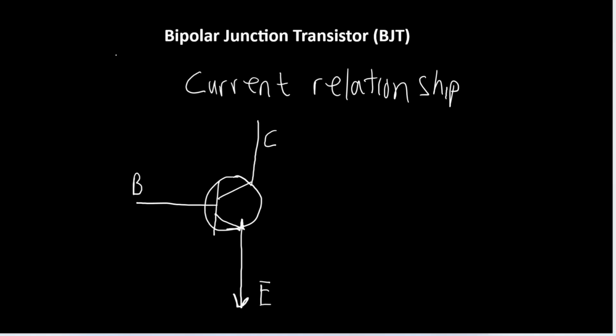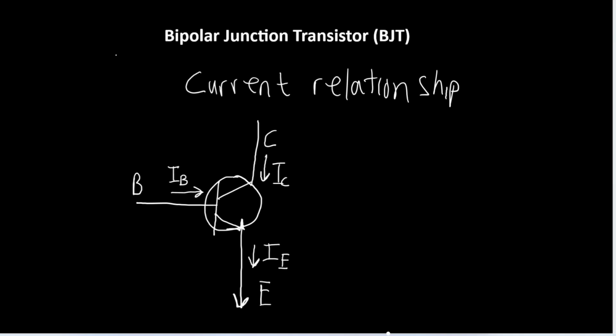For our collector, which is our C, we have our IC, which we call the collector current. For our B, we have our IB, which we call the base current. And finally for our E, we have our emitter current.